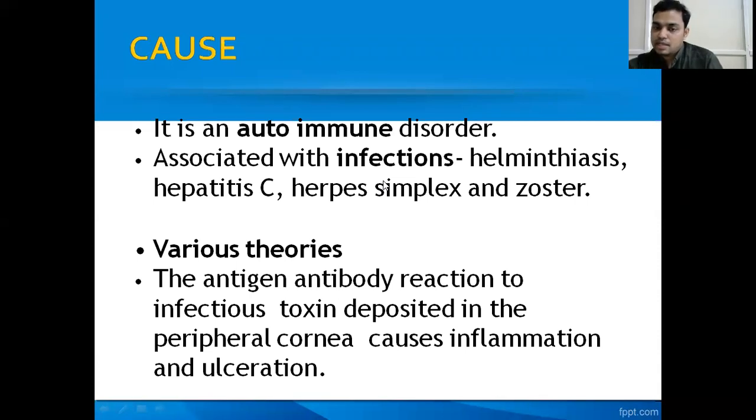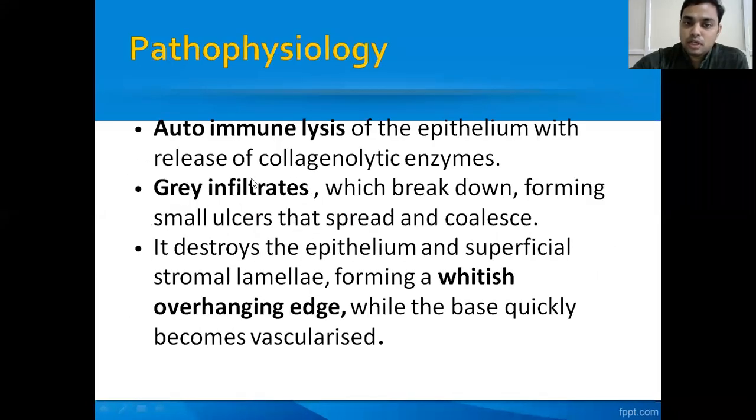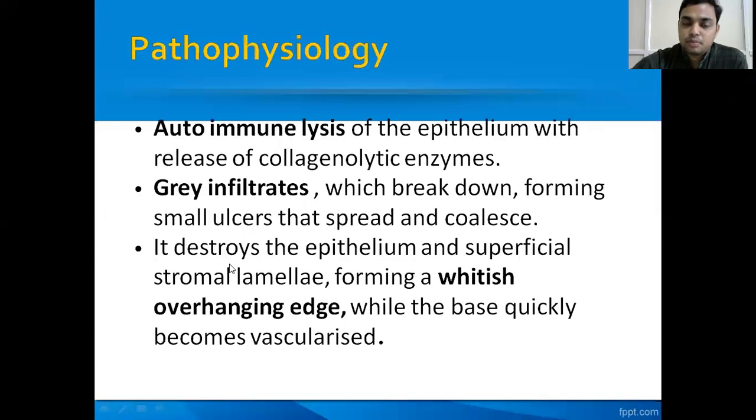There is also deposition of immune complex at the periphery of the cornea, and this leads to autoimmunolysis of the epithelium with the release of collagenolytic enzymes. Other triggering factors for Mooren's ulcer are physical trauma, foreign body deposition, chemical burns, and surgeries like cataract surgery and keratoplasty.